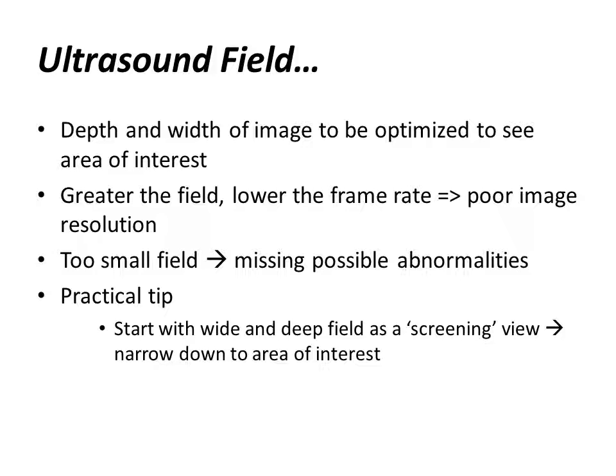So when it is pushed on you, as in you have to go to greater depths to be able to see a structure, then unfortunately you do not have much choice. But if you have a patient who does not need a deep sector, then try to keep the sector depth as low as possible, because if you keep the sector depth low, you are going to be able to use ultrasound waves of higher frequency, and you are going to see a much better picture.